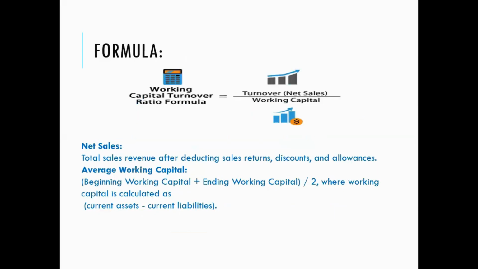Working capital turnover ratio formula is turnover or net sales by working capital. Net sales equals total sales revenue after deducting sales return, discounts and allowances. Average working capital is beginning working capital plus ending working capital by 2, where working capital is calculated as current assets minus current liabilities.